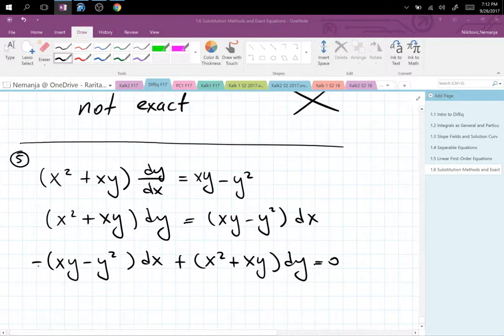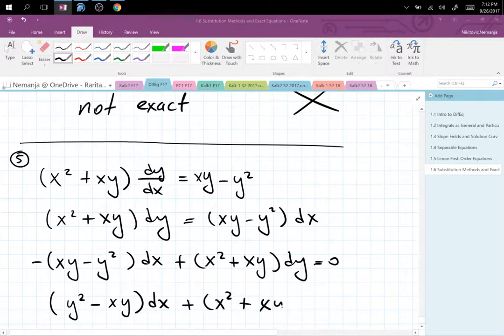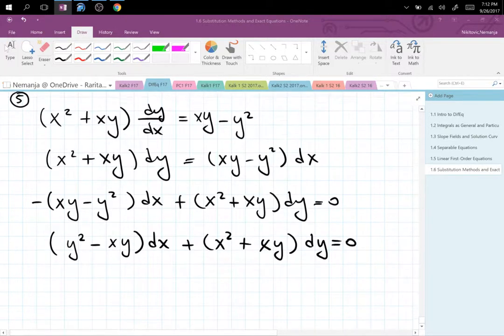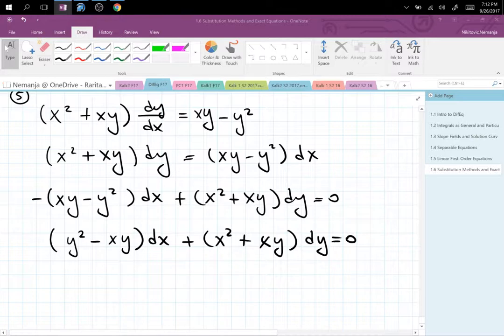And we take this negative sign inside, which changes all the signs, so I'm going to swap the terms. This is the final stage before we check the condition for exactness. If the condition holds, then this method, exact equations, will solve the question quickly for us.